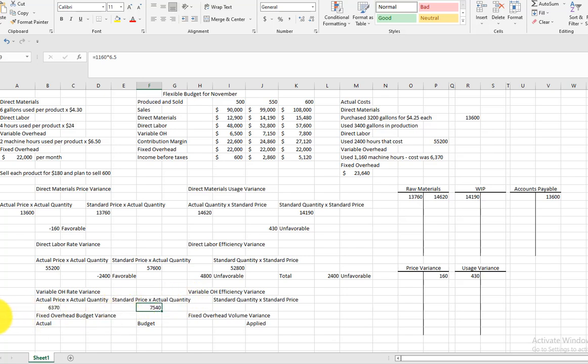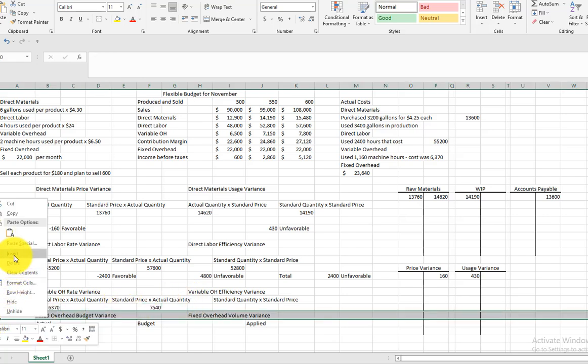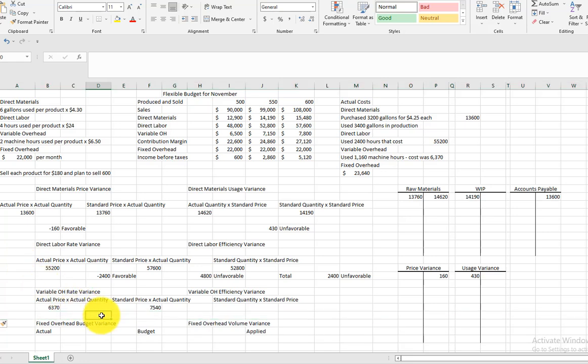So the difference between those two, that's a favorable because we spent less than what we planned per machine hour.